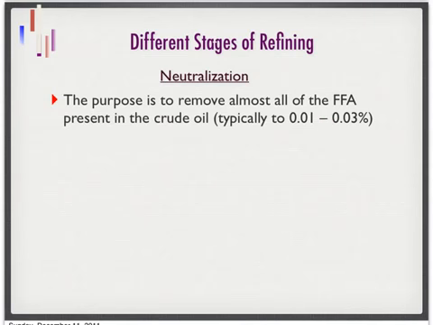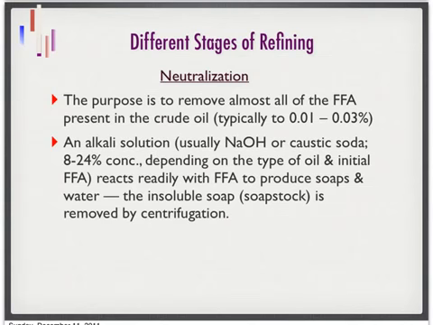So you can see there's a large reduction of free fatty acid during the neutralization step. The concentration of sodium hydroxide used in the neutralization step is between 8 to 24%. This concentration will depend on the type of oil and also the initial amount of the free fatty acid.